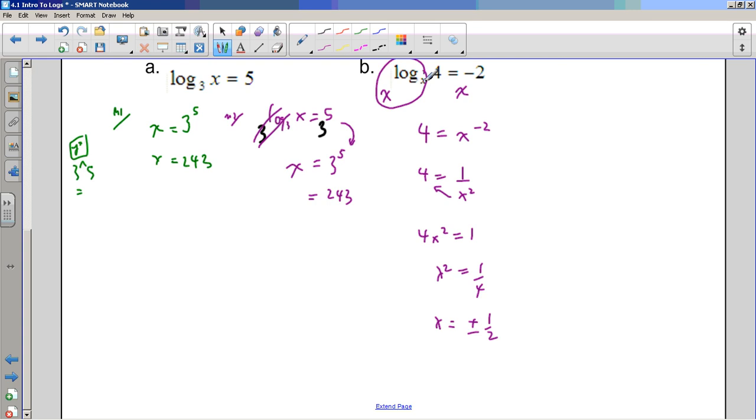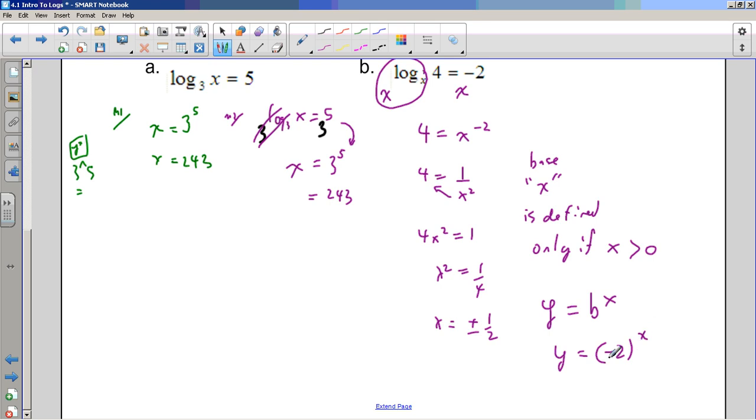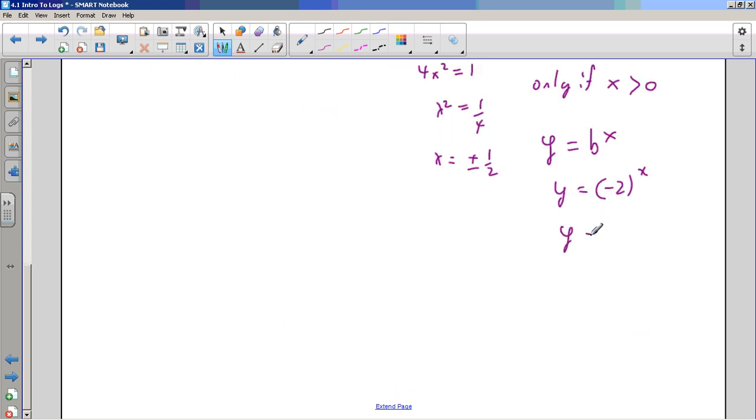Log base x is defined only if x is greater than 0. So for instance, and I don't know if you ever realized this, but if we had an exponential function, it was never -2 to the exponent x. We never had that, because this function would have lots of holes all around it.